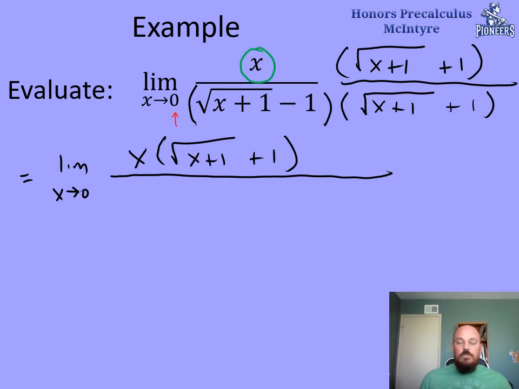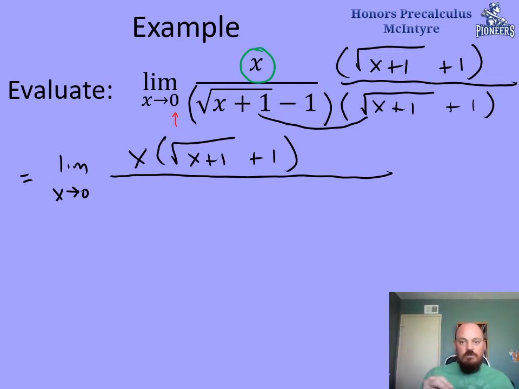Now on the bottom, what you do is you multiply conjugates. The shortcut here, we just finished talking about this with imaginary numbers: when you multiply conjugates, the middle terms always cancel. That's what conjugates do. So I'm not even going to do the middle parts. When I multiply the square root of x plus 1 times itself, the square root cancels.